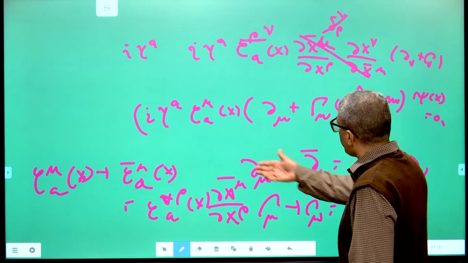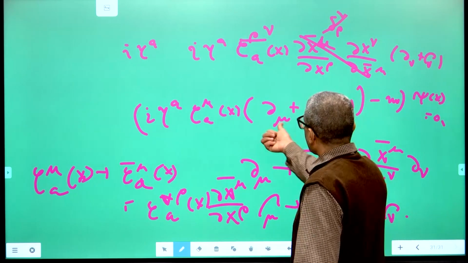So you will get a diffeomorphism invariant Dirac equation.